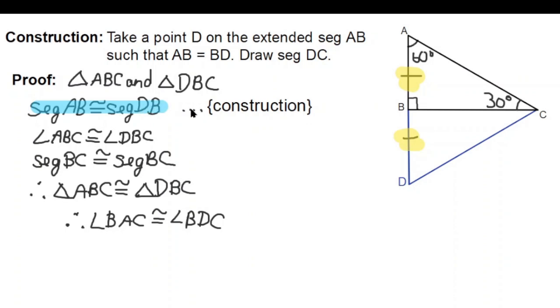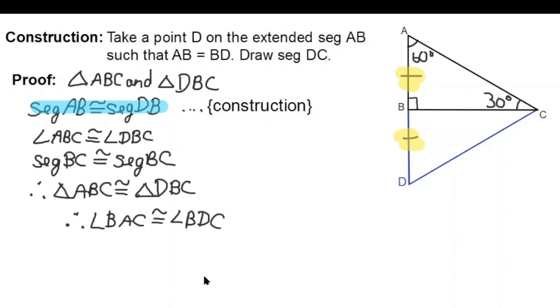After each step we have to write the reason. While proving a theorem, for each step in the proof we have to write the reason. What is its reason? Why is it congruent? We have done the construction in such a way that AB is congruent to DB. So the reason for this step is by construction.